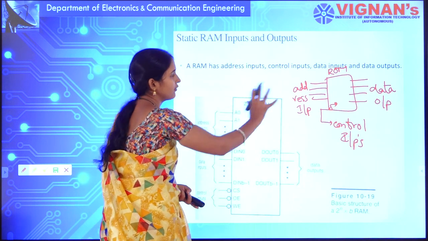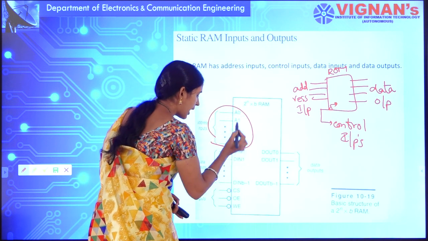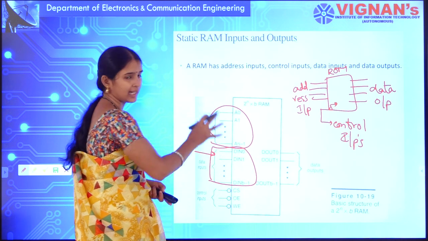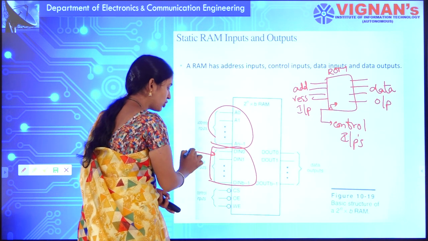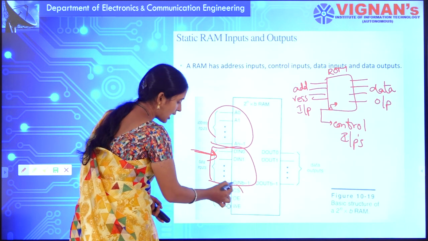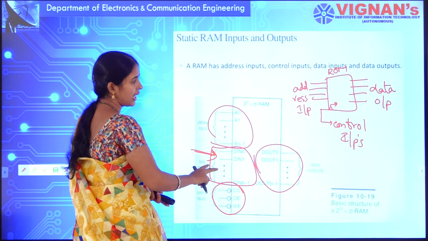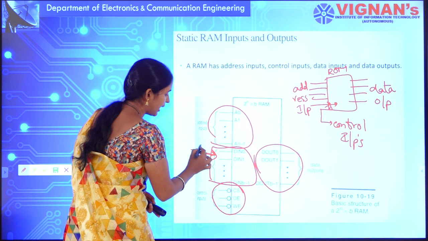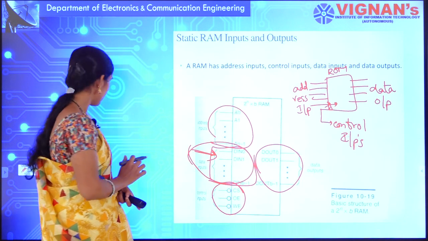How is it going to differ from the RAM? In RAM you have address lines as well as the data input. You are providing data to the RAM. That means you can write data. So if you want to write the data, you have to provide data. So you need data input lines as well as control lines and data output. Only one difference: ROM will not have data inputs, whereas RAM will be having data inputs. That is the only difference between RAM and ROM.